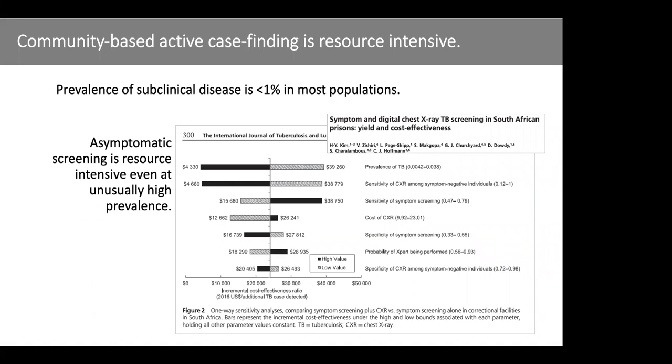And even in relatively high risk populations, for example, shown here, prisoners in South Africa, the cost per case detected of adding asymptomatic screening to just symptom only screening is relatively high. The estimate here is about $25,000 per incremental case that you detected in this prisoner population by doing chest X-ray as screening as opposed to just symptom-based screening.